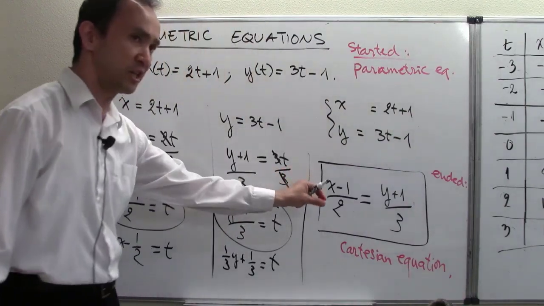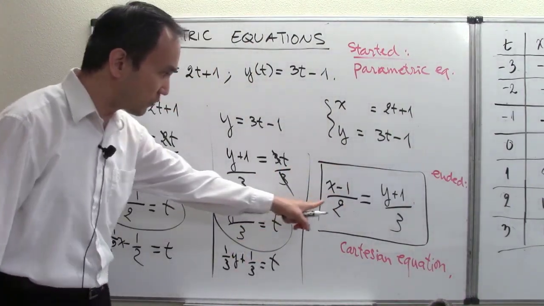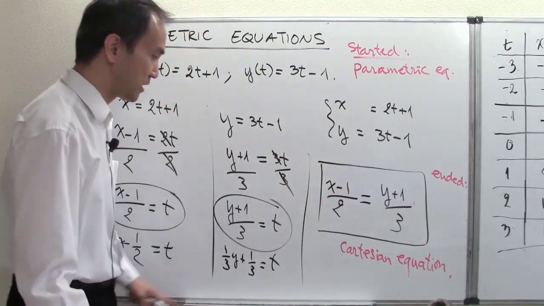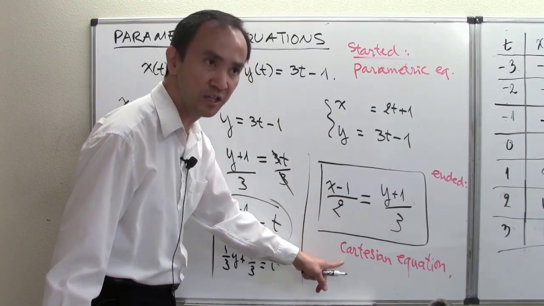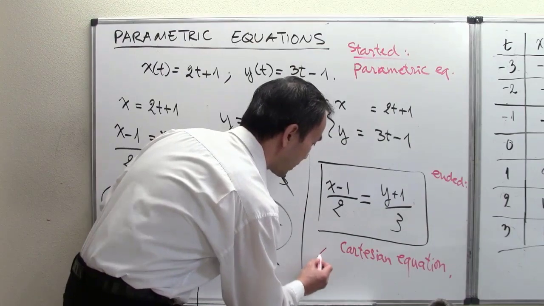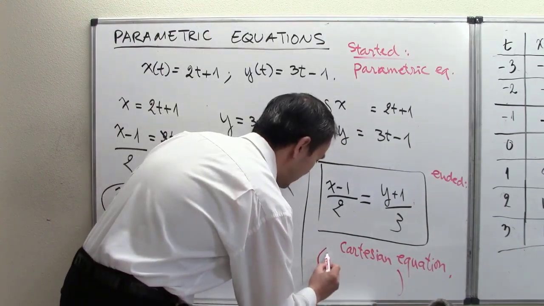Now, when it comes to a Cartesian equation, that's just only one equation. You may algebraically rearrange that equation. That's not a problem, but it's still a Cartesian equation, the only Cartesian equation out of this set of parametric equations. And another way of calling that, instead of calling it a Cartesian equation, people can also call that rectangular.